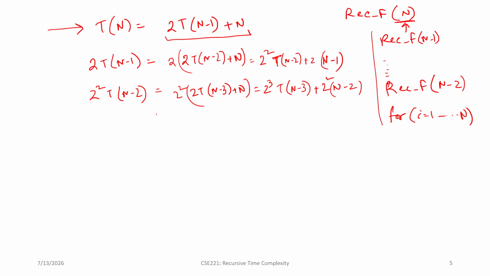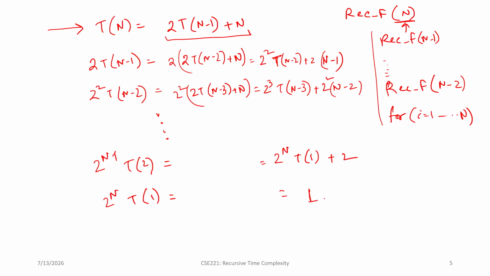Right. Coming down to T of 2 would be 2 to the n T of 1, and T of 1 would be just 2 to the n times 1.